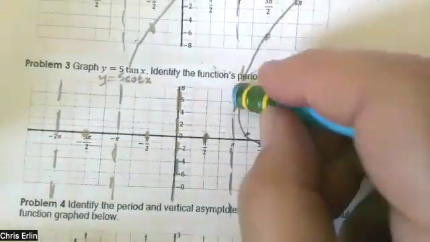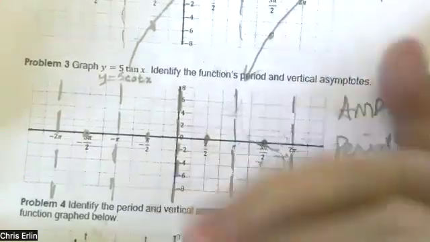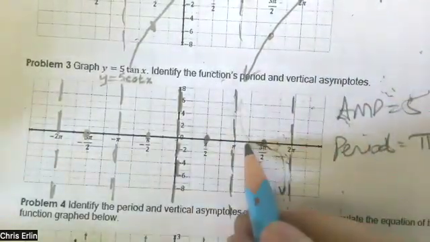Thank you. I did it again, didn't I? Amplitude. So instead of going just up 1 and down 1, I'm going to go up 5 and down 5.